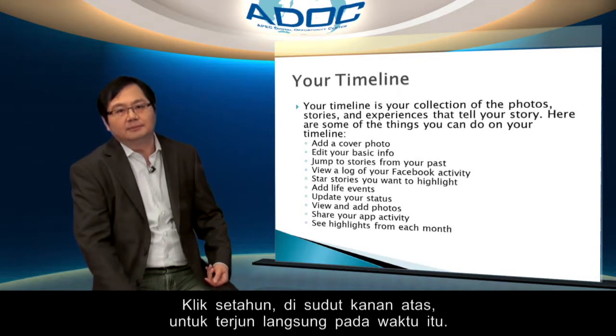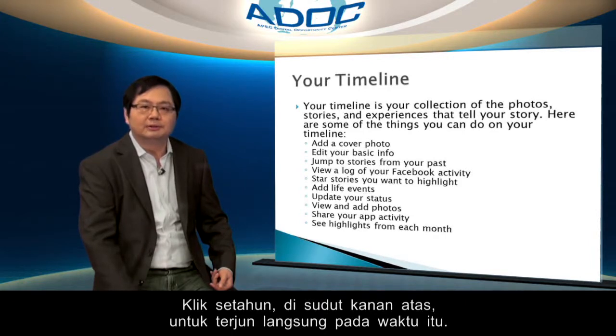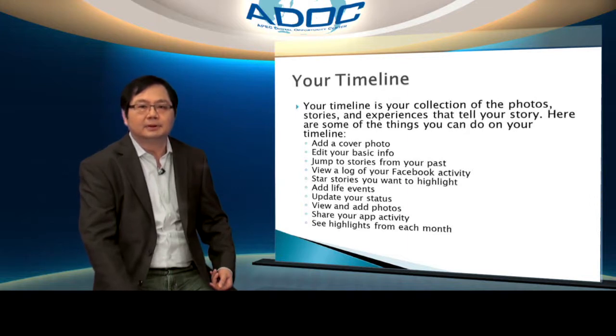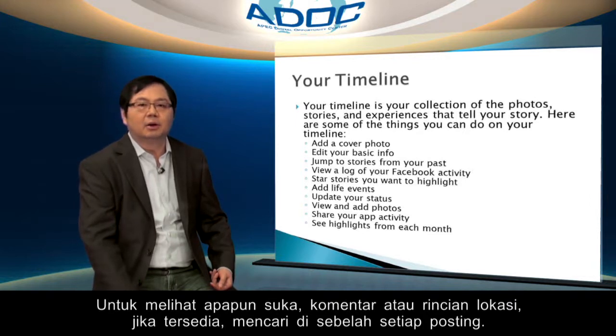Click on a year in the upper right corner to jump directly to that time. To view any likes, comments, or location details, if available, look for the icons next to each post.